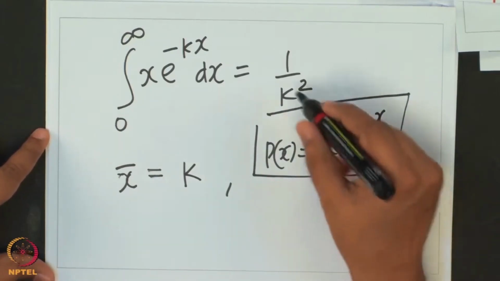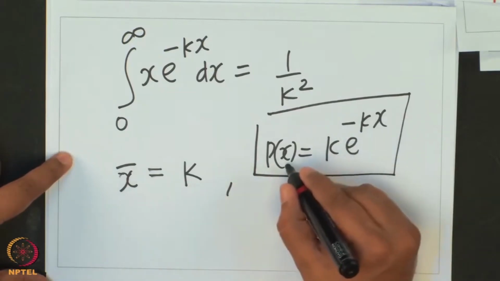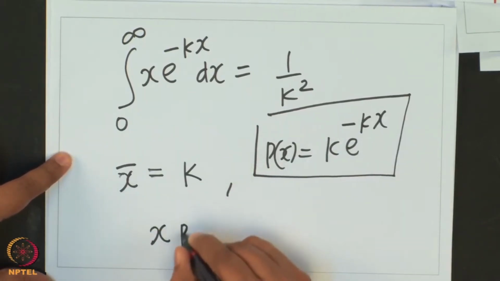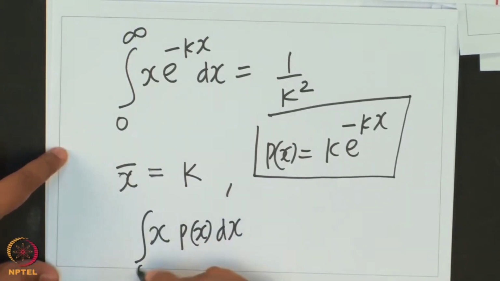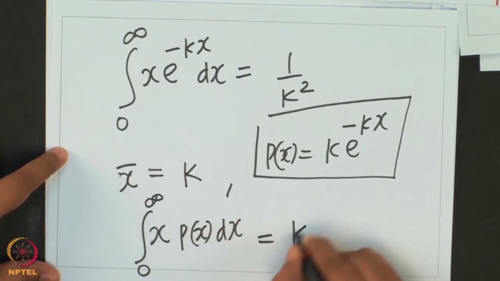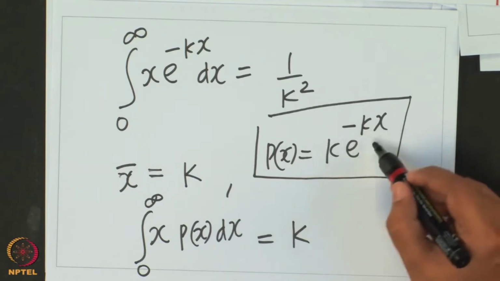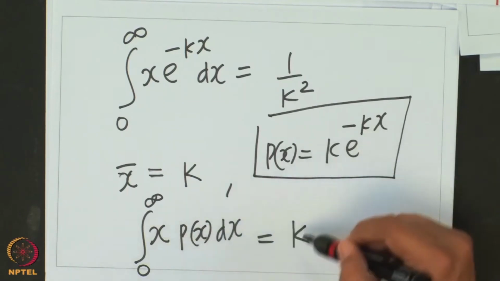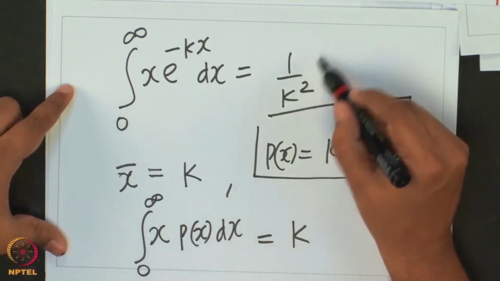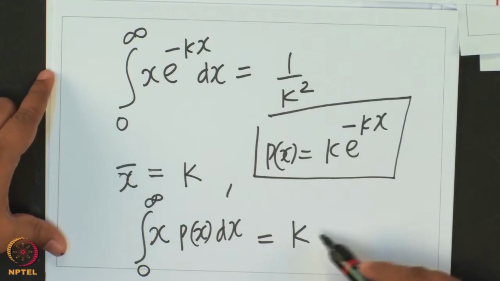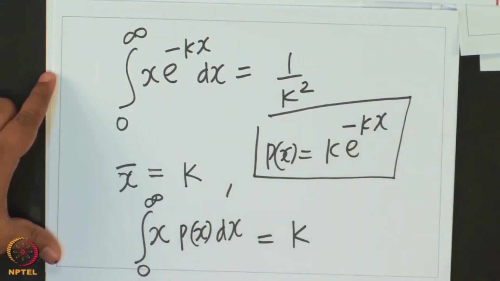If I do the integral of p of x dx from 0 to infinity, this would turn out to be 1. Then take p of x as k e power minus kx and do the integral from 0 to infinity of x p of x dx: you would get 1 by k square times k, and you would get the answer as 1 by k.